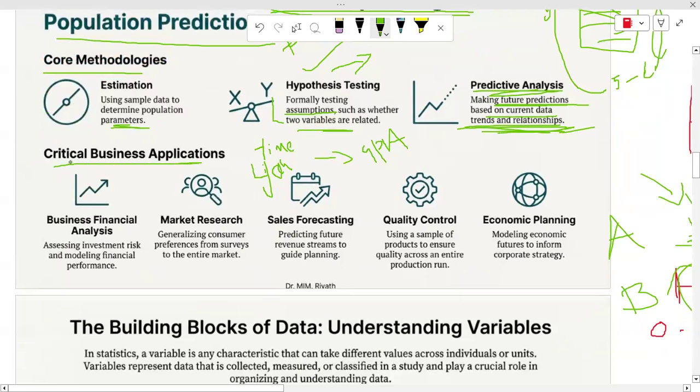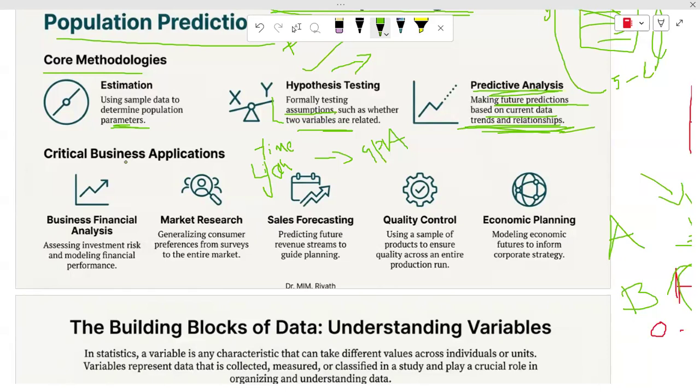What are the real business applications of this inferential statistics? Business financial analysis: assessing investment risk and modeling financial performance, which means you may want to invest in stocks in the Colombo Stock Exchange. Some stocks will give you a high return.